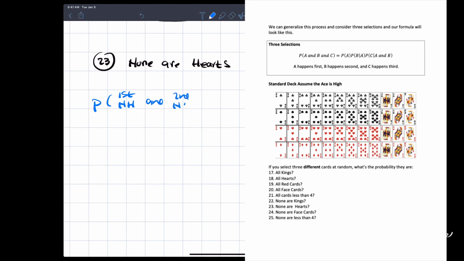And the second is a non-heart. And the third is a non-heart. That's probably the first. And I'll just put a little n. You don't have to do a capital N. Chance the first is a non-heart. Remember, we're writing down the multiplication rule.